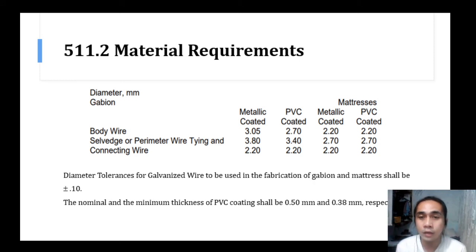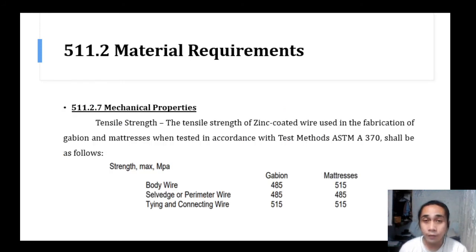So diameter tolerances for galvanized wire to be used in fabrication of gabion and mattresses shall be plus or minus 10. The nominal and minimum thickness of PVC coating shall be 0.50 mm and 0.38 mm respectively. So 511.2.7 mechanical properties.